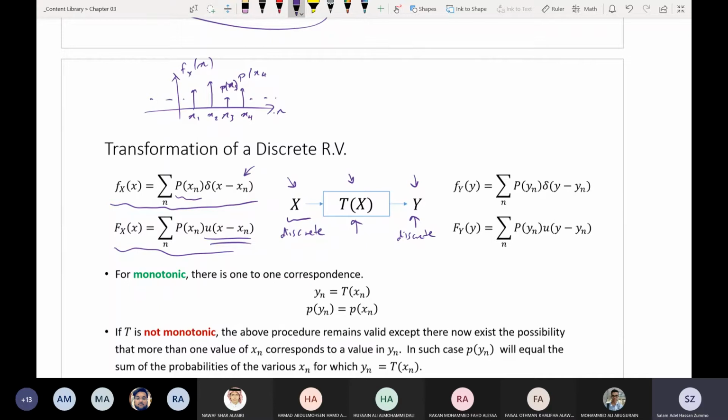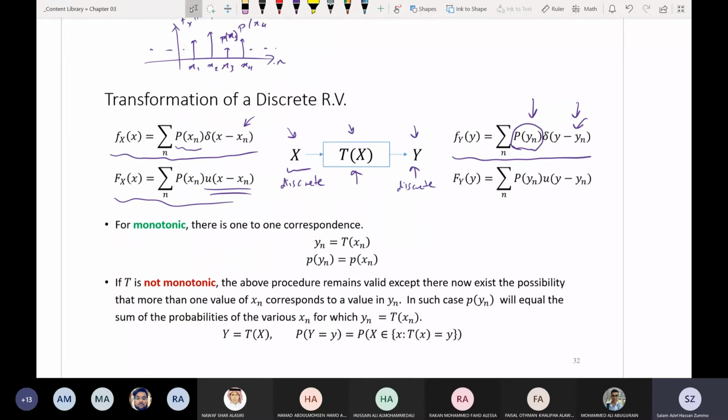So because I know it's discrete, I'm expecting that the PDF will look like a series of deltas at different y_n, and each is multiplied by the probability of y_n. So in order to find the PDF of Y, I simply need to find the values that y_n takes and the probability of every value.